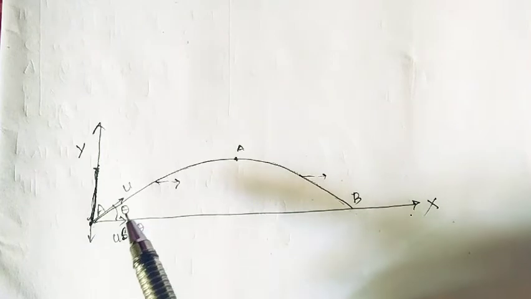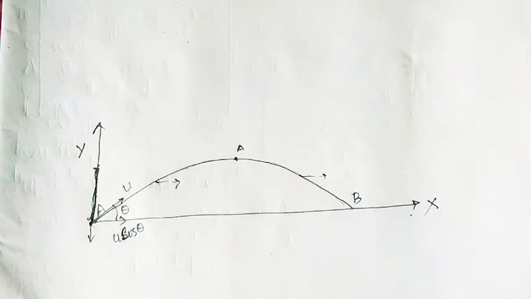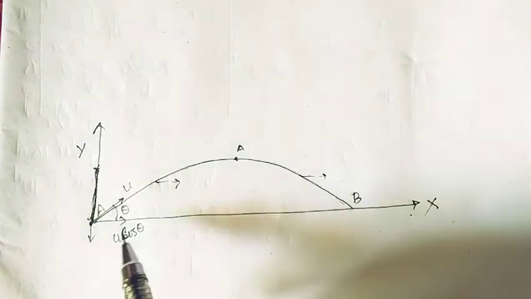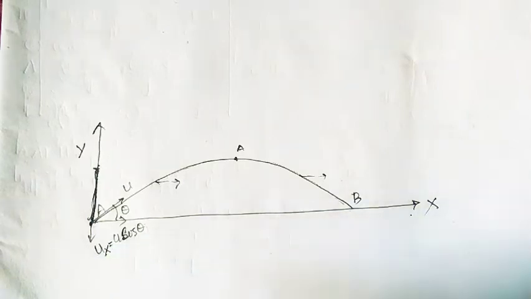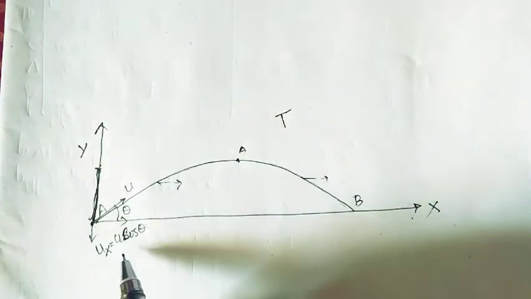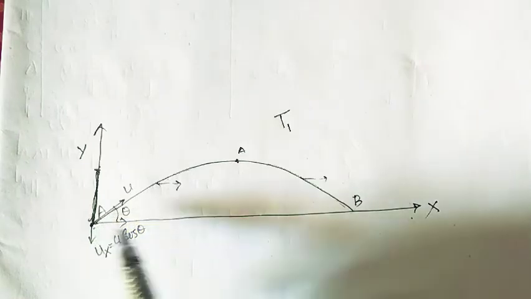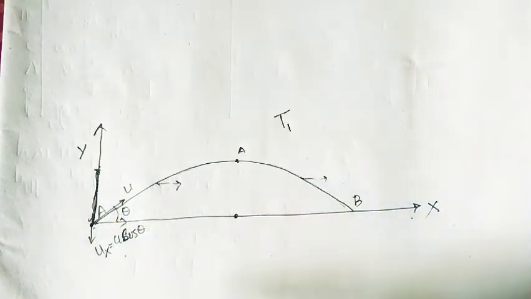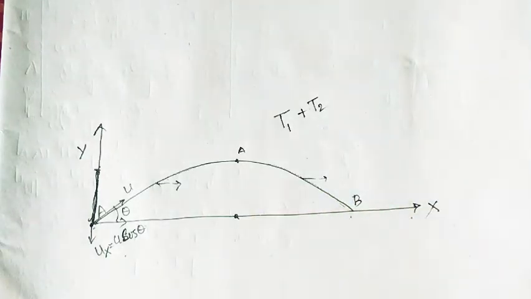So we can say, what we have analyzed differently, basically the x component's motion and the y component's motion, is a simultaneous motion. Since this u cos theta, the x component of the initial velocity, is not changing, we can say the particle executes this motion with uniform velocity for the time t1 up to here, and for the time t2 from here to here.